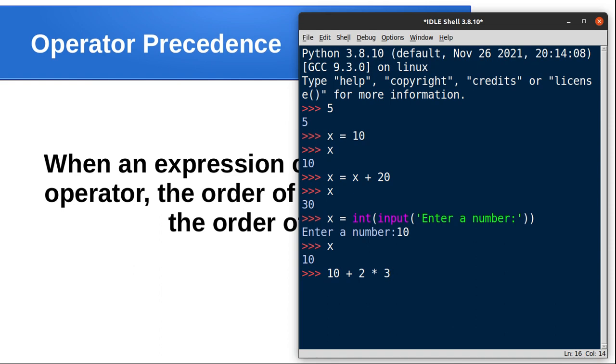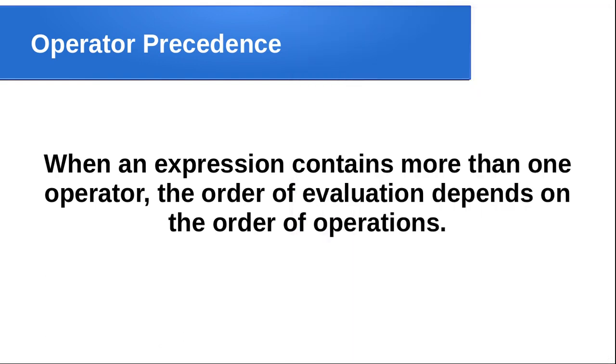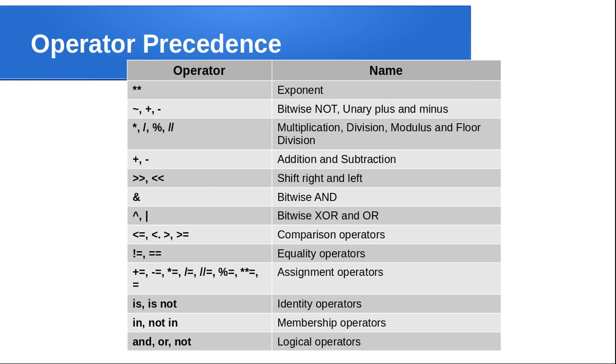For this, we should follow the table. Here you can find the table with operator names from the highest priority to the lowest priority. The highest priority is the exponent operator and the lowest priority is the logical operators and, or, not. This is the order we should follow to evaluate expressions.